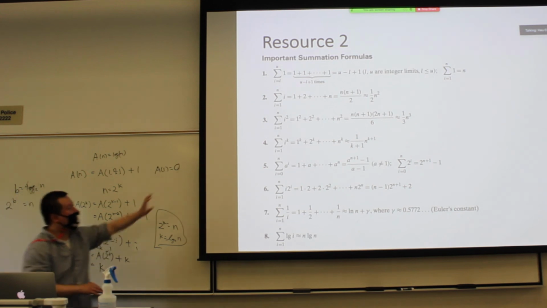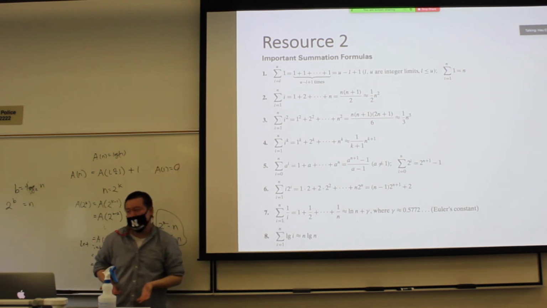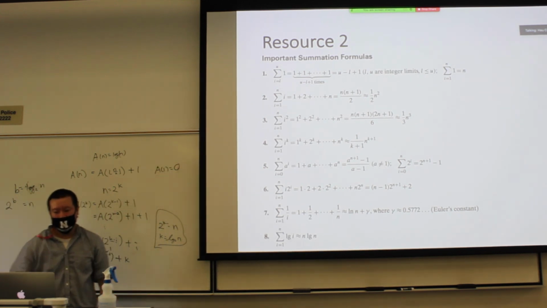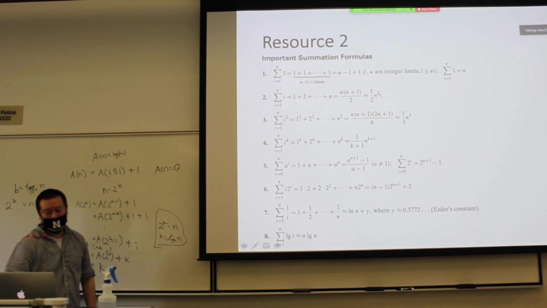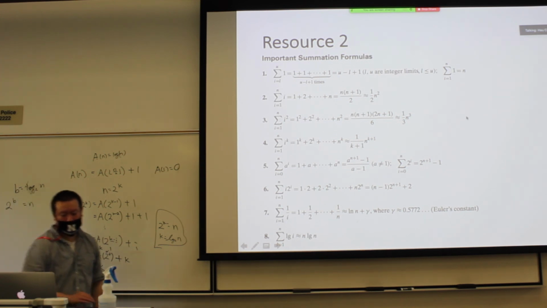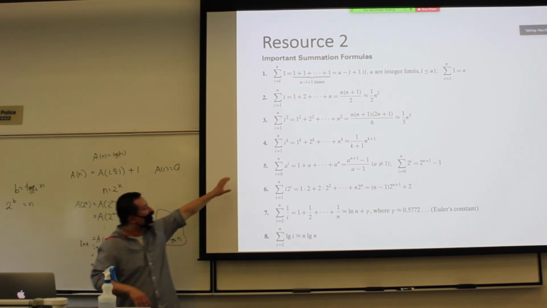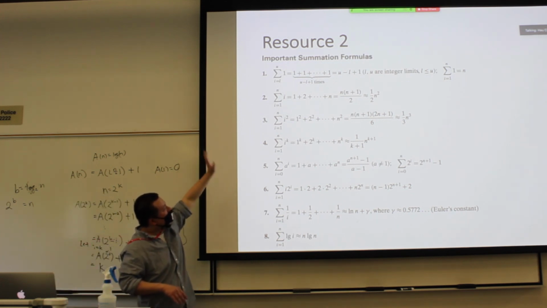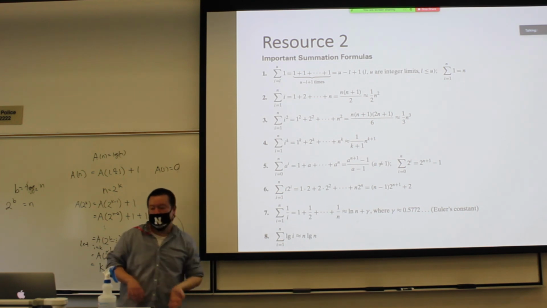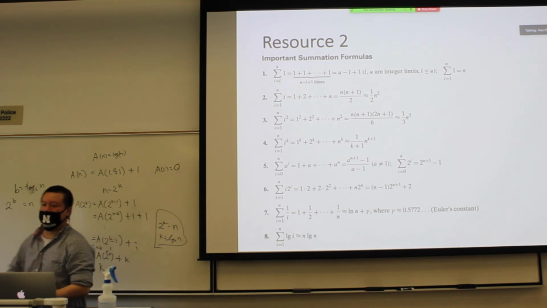Resource 2 is also some of the summation formulas. I think the most popular ones will be the first one, the second one, and maybe the fifth one. They're the most commonly used, at least in this class. We don't use the other identities as much, but they're good to know.